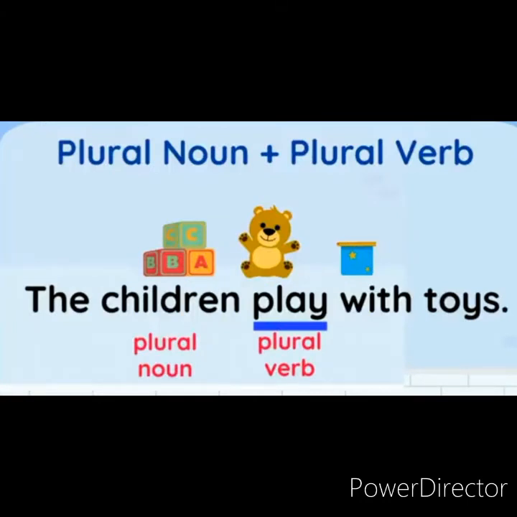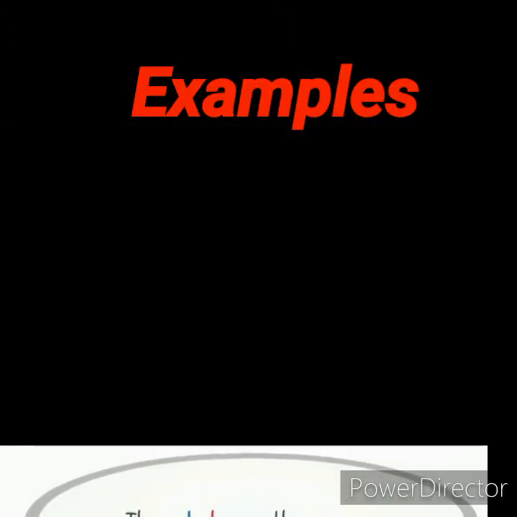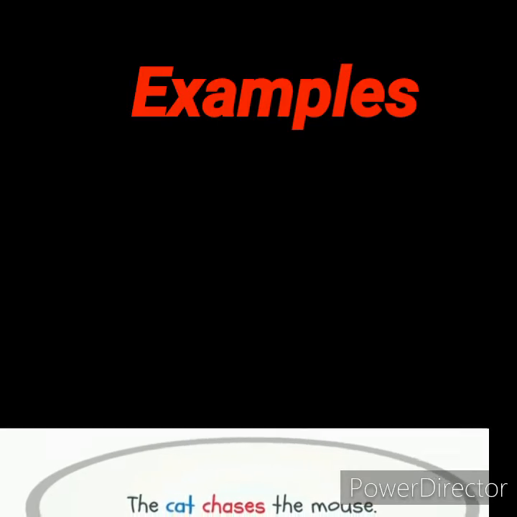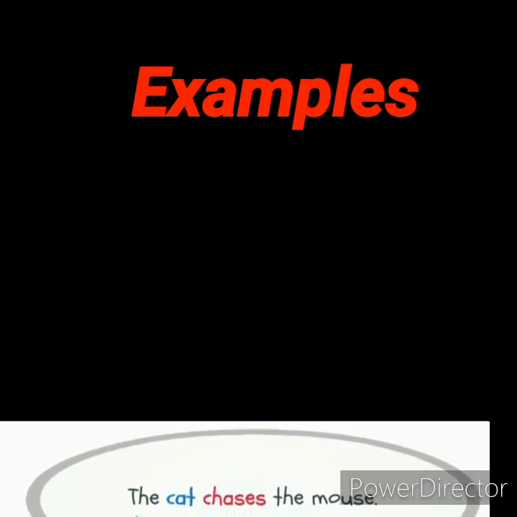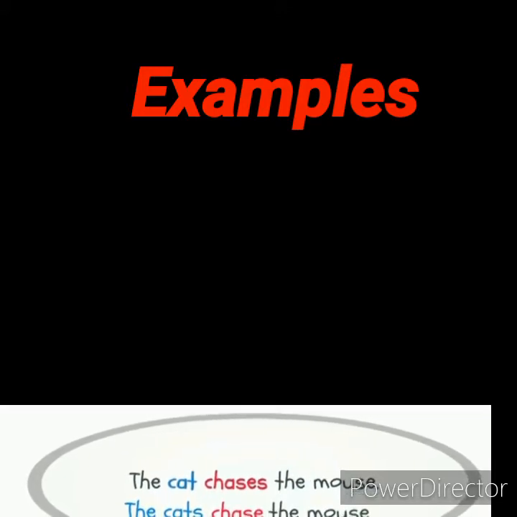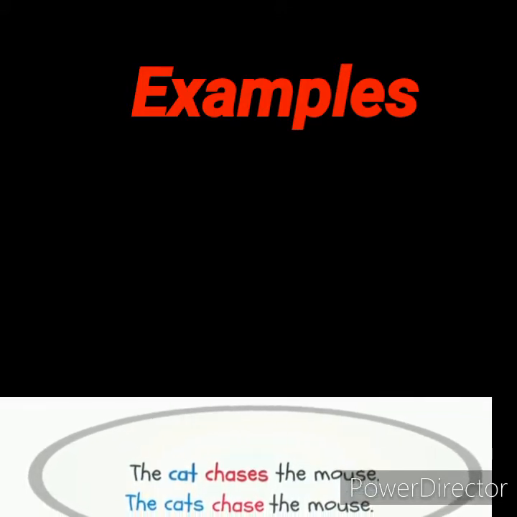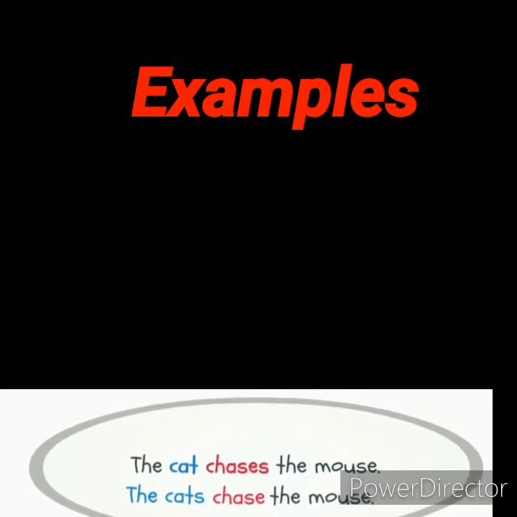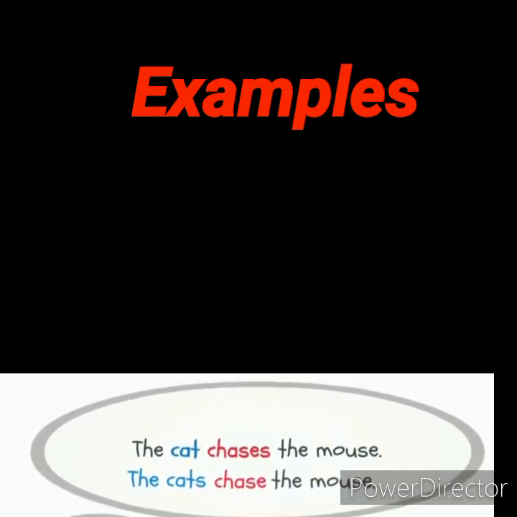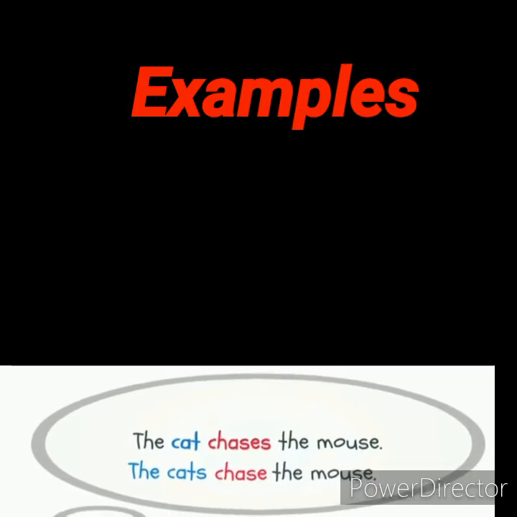Now let's understand this with examples. The example is, the cat chases the mouse. First of all, identify the subject. Who is performing the action? The cat or the mouse? Yes, it's the cat. So the cat is the subject. Now identify the verb.